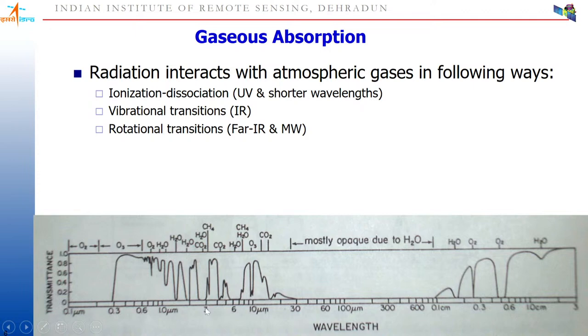So in the infrared, gases like CO2 and methane interact with the atmosphere in the infrared wavelength. So there is absorption in this wavelength only. So it is specific to this.